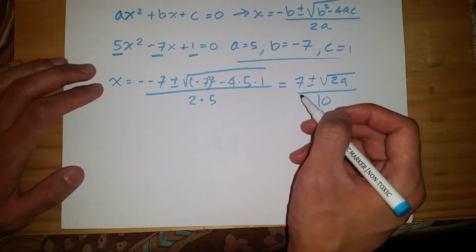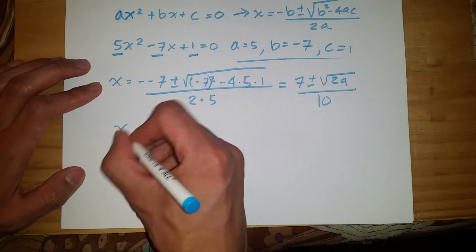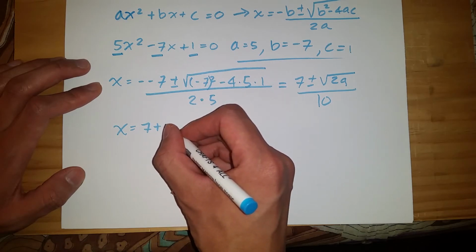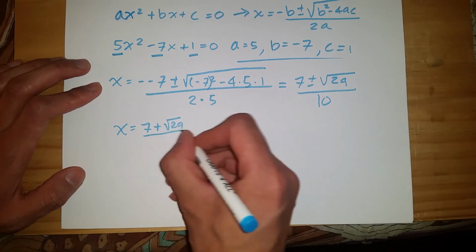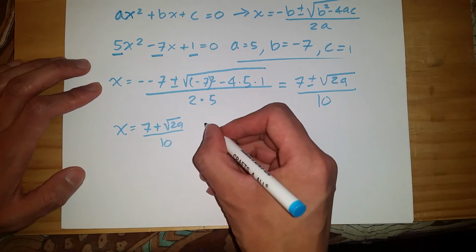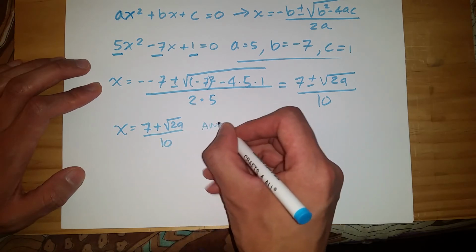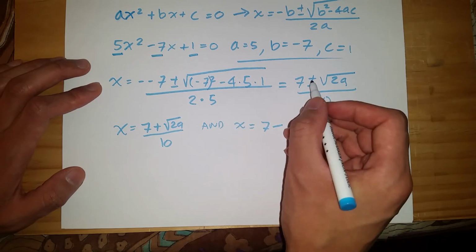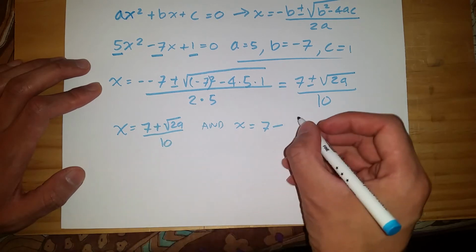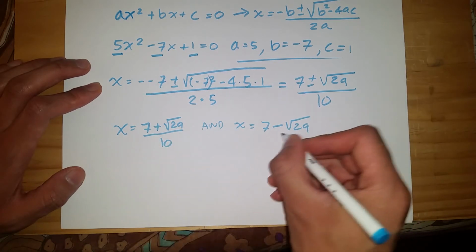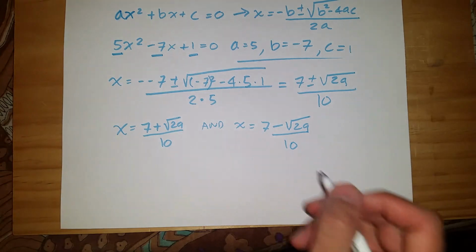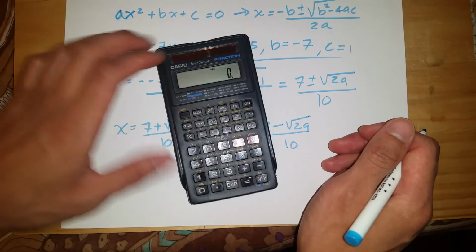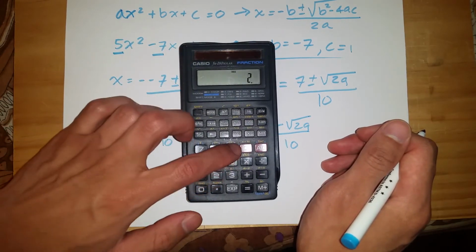So we have two solutions for x. x is equal to 7 plus the square root of 29 all over 10, and x equals 7 minus the square root of 29 all over 10, because you have plus minus here.